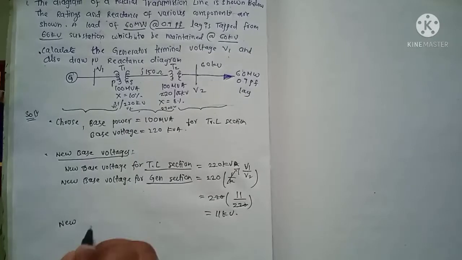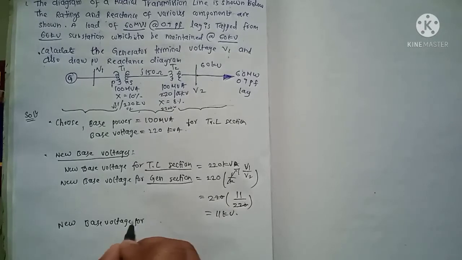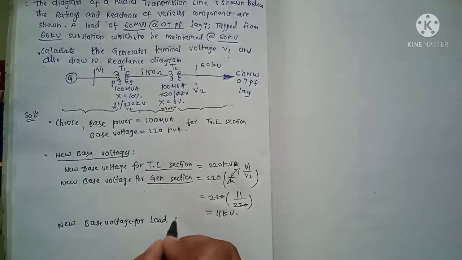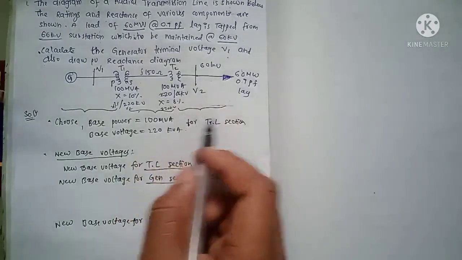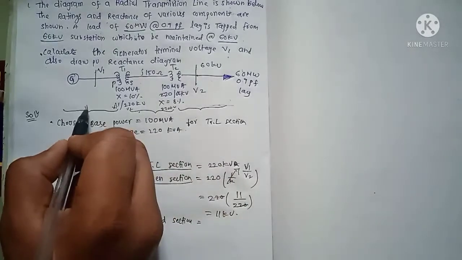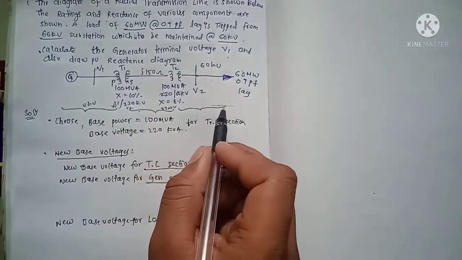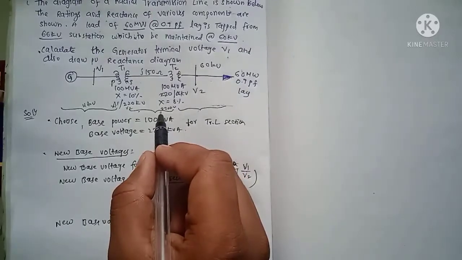And we are left with the load section, the new base voltage for the load section. We just calculated 11 kV, but now we are calculating the load section voltage, so we need to refer this.